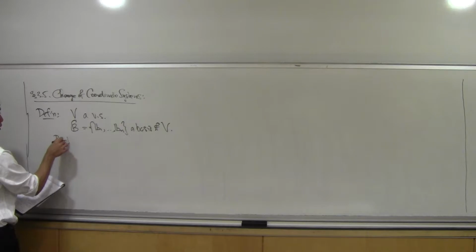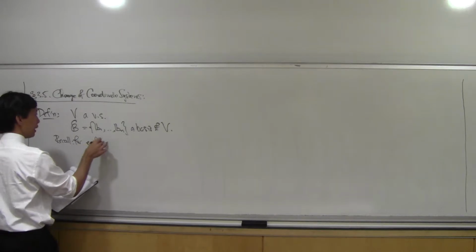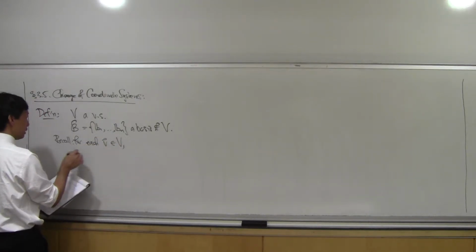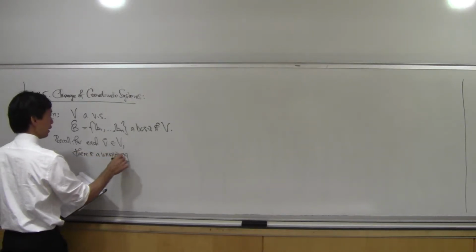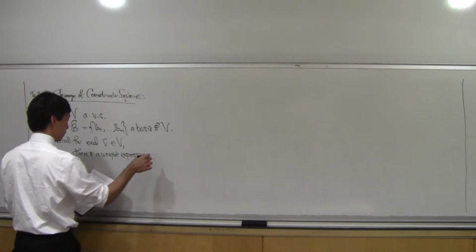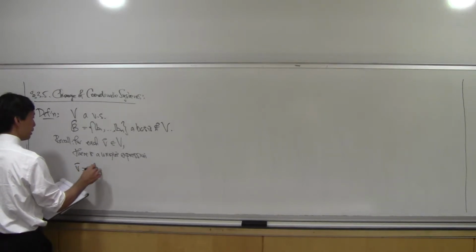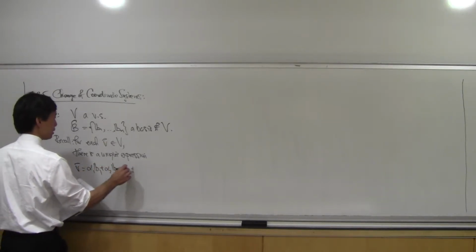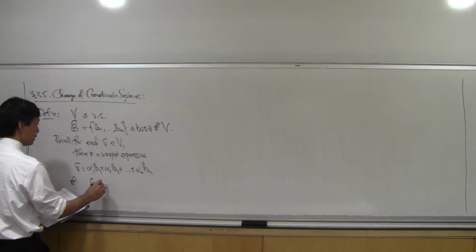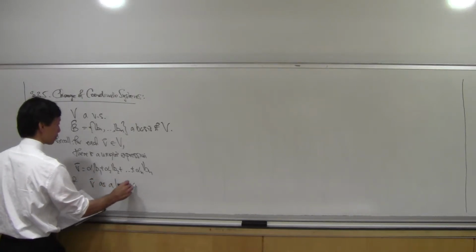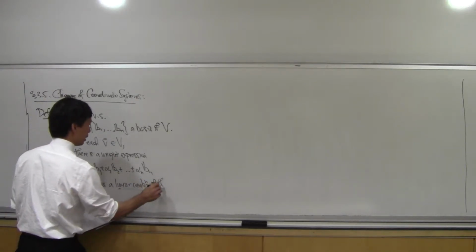Recall that for each vector in your vector space, there is a unique expression V equals alpha 1 B1 plus alpha 2 B2 plus ... plus alpha n Bn of V as a linear combination of the Bi.